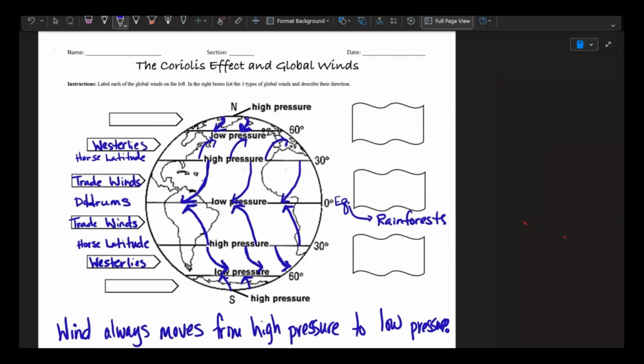And then along your 30-degree latitudes, these are areas that are really dry. Remember, high pressure brings dry, sunny weather. So this is where we expect to see a lot of deserts. And I know our map is getting crowded, but here's Northern Africa where there's a large desert.